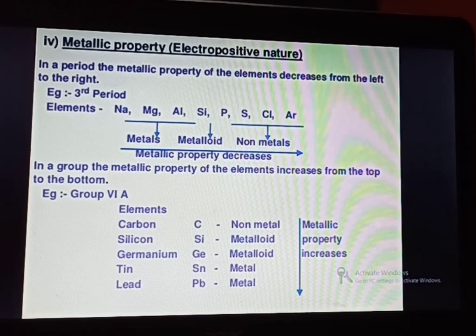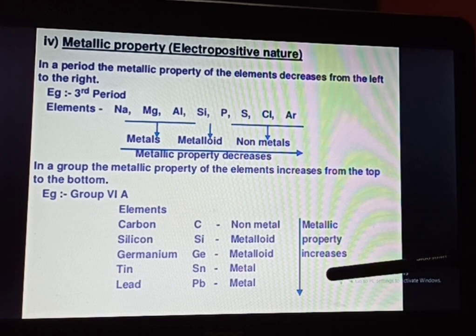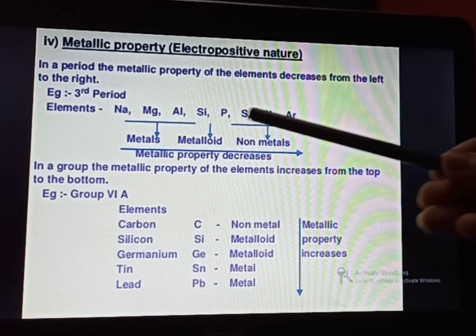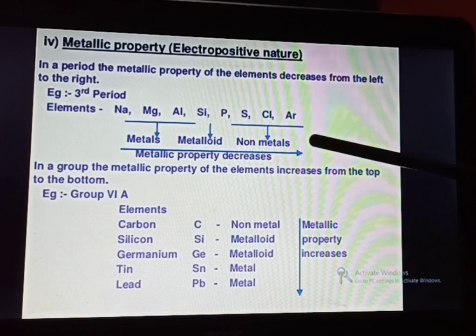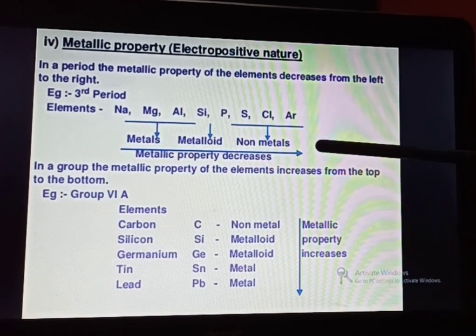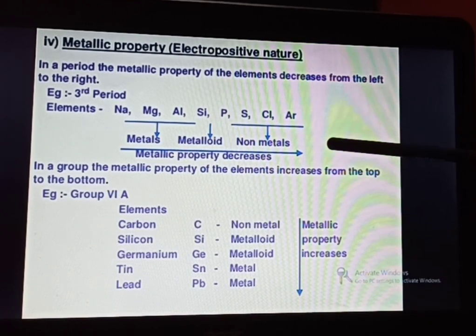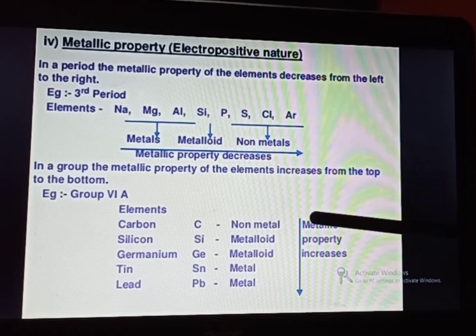But if we move from top to bottom, then the metallic character increases. Means in a period, if we move from left to right, the metallic character decreases and non-metallic character increases. But if we move from top to bottom, then the metallic character increases.